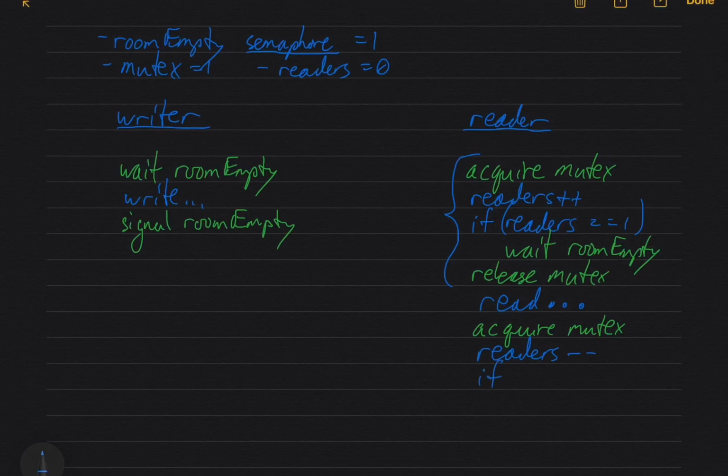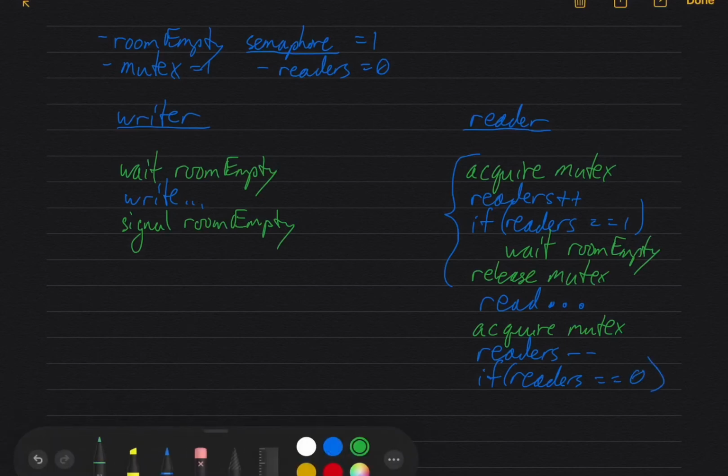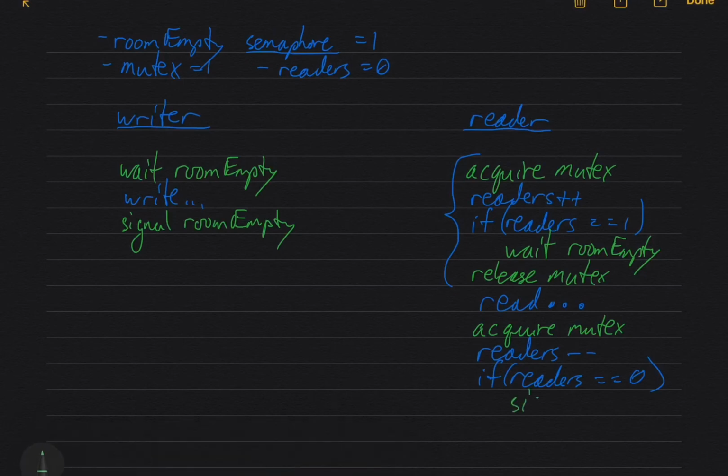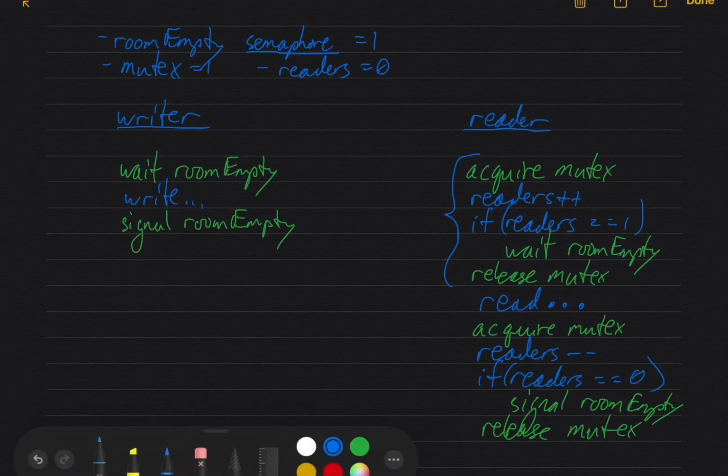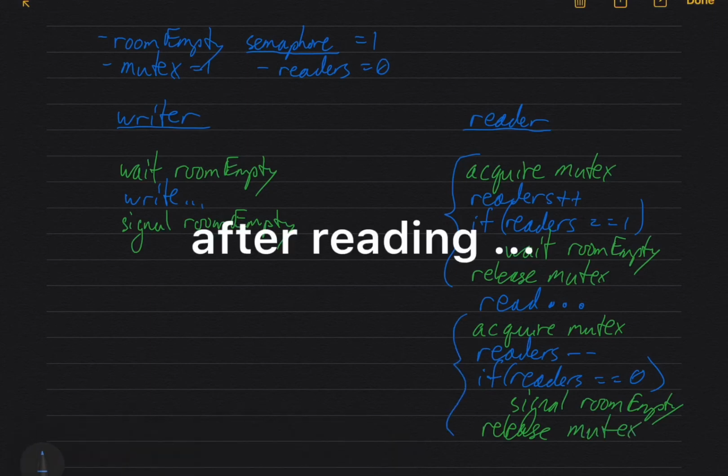So if readers equals 0, then it should signal room empty, and it's done its thing, so then it should release the mutex. So that's the after part.